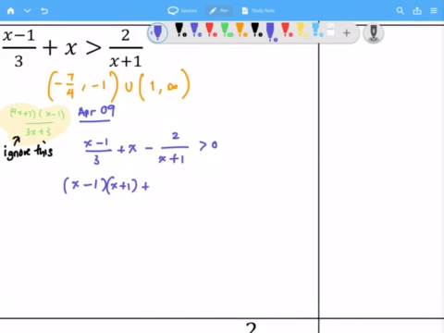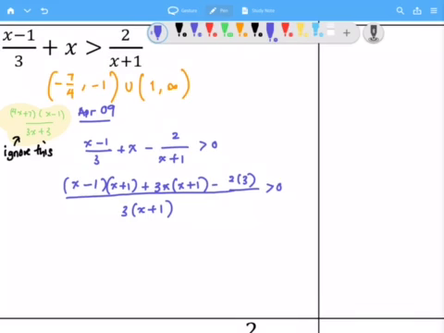For our x, you need to multiply it with 3 and with x plus 1 as well. And lastly, we only need to multiply our 2 with 3, and then you're going to have your common denominator as 3 times x plus 1. Okay, they are all more than 0.